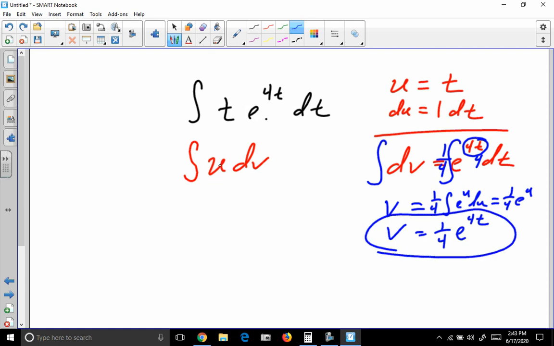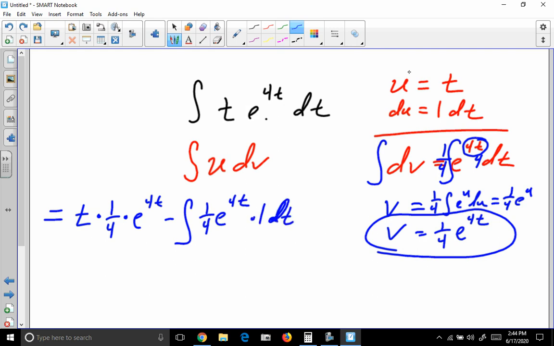As in the last problem, if we're integrating by parts and we pick a u and a dv, then the answer is u times v minus the integral of v times du.